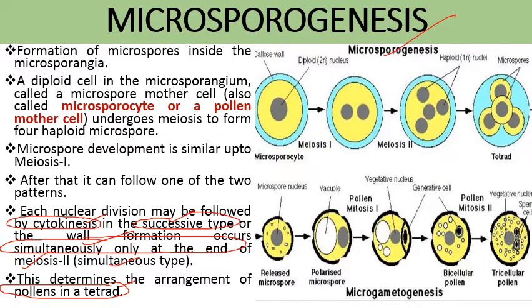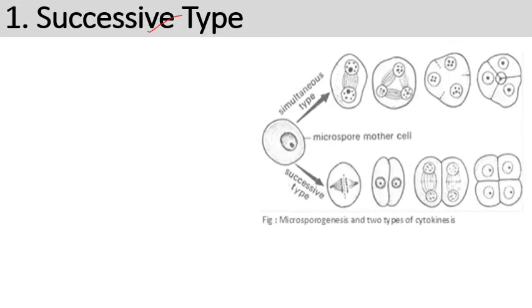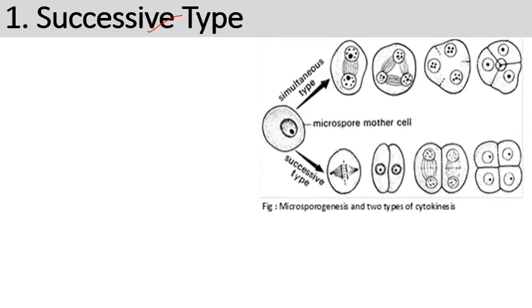So this is microsporogenesis. It involves the formation of microspores from the diploid sporogenous cell or microsporocyte. The first division is successive type, as we have discussed earlier. In successive type, karyokinesis is immediately followed by cytokinesis, that is division of cytoplasm along with formation of cell wall. So जैसे ही nucleus का division होता है वैसे ही wall formation होती है.